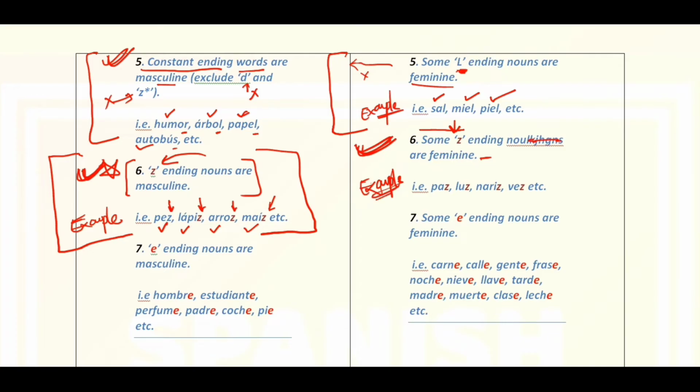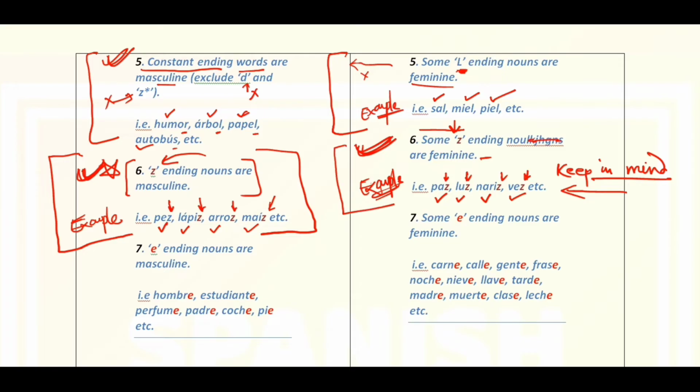Example 1: you can see that here we have 4 examples. Every word is ending with Z. 1, 2, 3 and 4. You have to remember and keep in mind all these 4 examples, because these are also Z-ending. Paz, peace; luz, light; nariz, nose; vez, time.